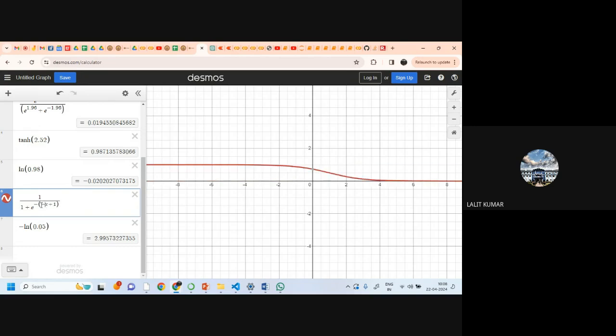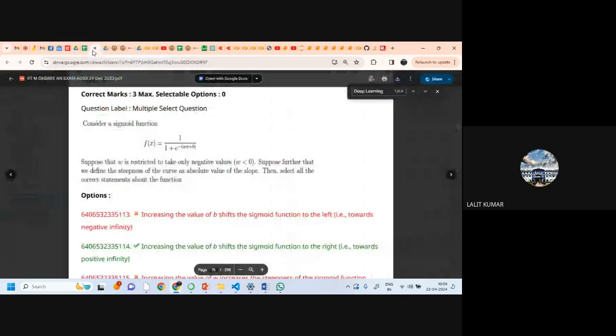For example, if we make W minus, it means we are decreasing W, and the slope smoothens out. And what happens to the bias? Now the bias will go towards the right side. 1 is here, 5 is here, so it starts moving towards the right. In the normal case it was going towards the left, and when W is negative, it goes towards the right. So that is basically the concept here.